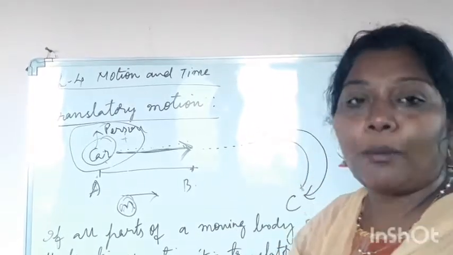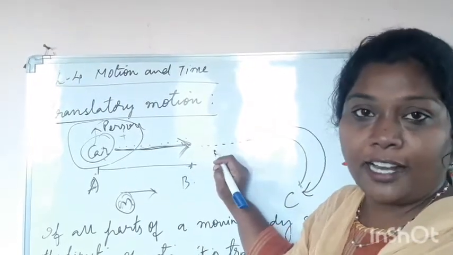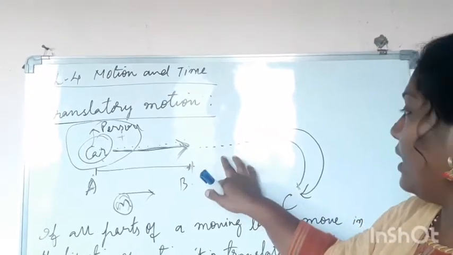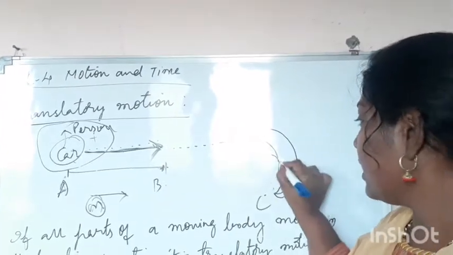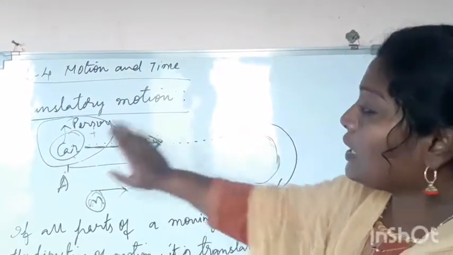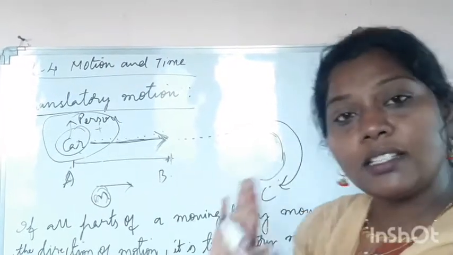So children, again I'll come to the same point. Here the movement is in a straight line. Yes, but later on, after reaching point B, now the car has taken a curve. Yes or no? Whether the car is moving from A to B or B to C, it is in motion.